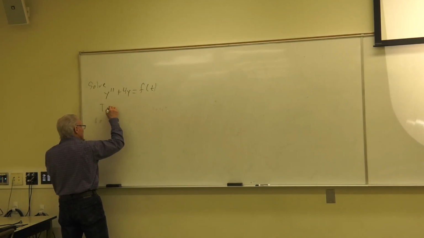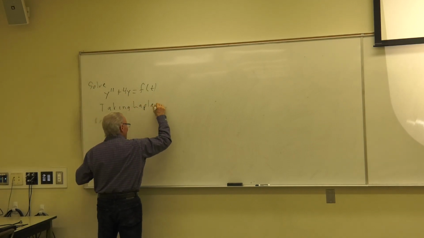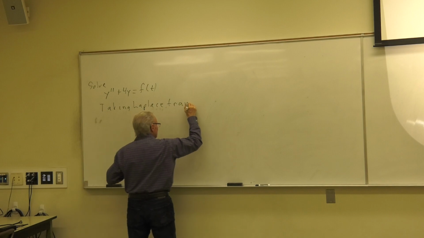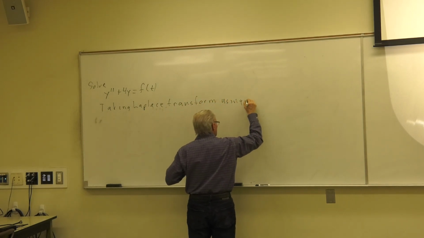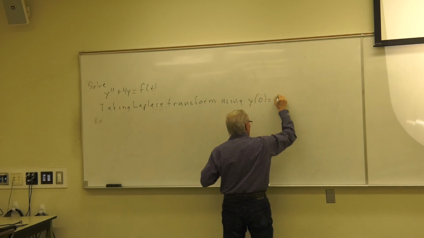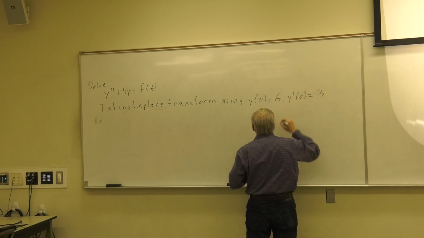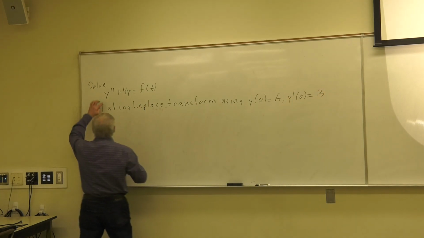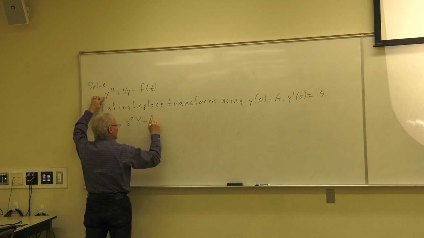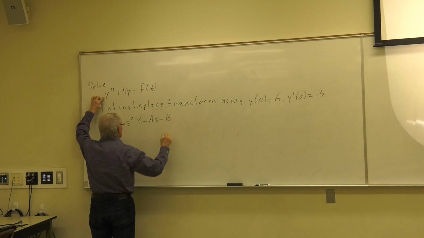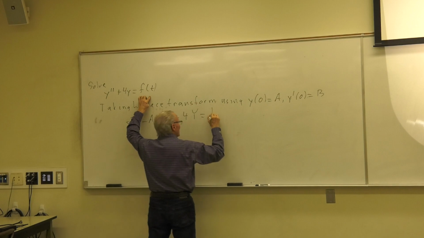If I take Laplace transforms, the Laplace transform wants the value of the function at 0, let's call that A. It wants y prime at 0, let's call that B. Right? Then we'll get, from here, s squared big Y, minus as minus b, plus 4 big Y equal to f of s.